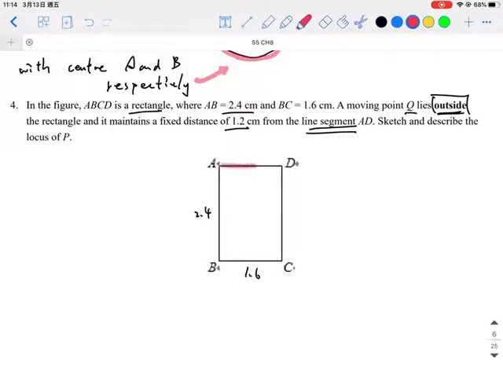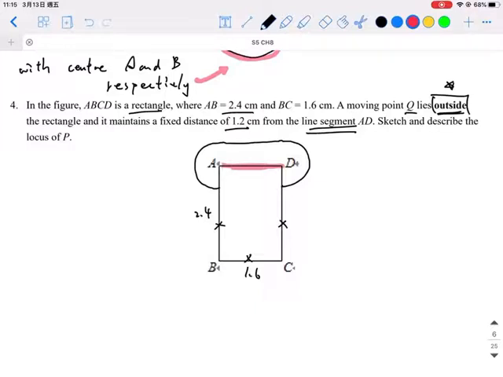AD is here. Now sketch and describe the graph. We can ignore AB, CD and BC. We need not consider these three lines, and you just consider the line AD. So it's just a line, but we cannot pass through inside the rectangle because it's outside. And then you have a semicircle here and a semicircle here with centers A and D.